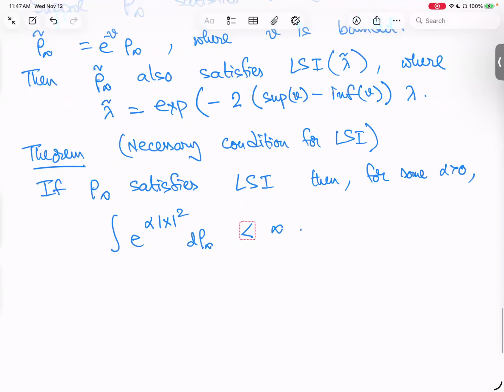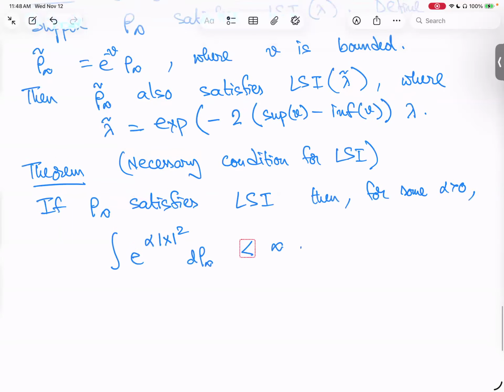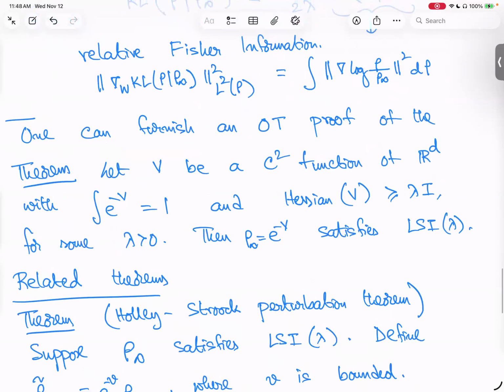Which, by the way, brings us to the question: do all multidimensional normal random variables satisfy logarithmic Sobolev inequalities? What do you think? If you take a multidimensional standard normal, this would satisfy logarithmic Sobolev inequality. And this again follows from our first result that it is going to give you a C2 function whose Hessian is this.